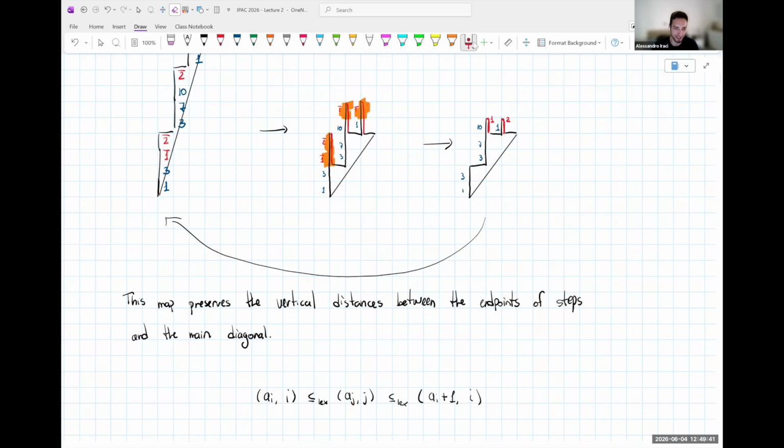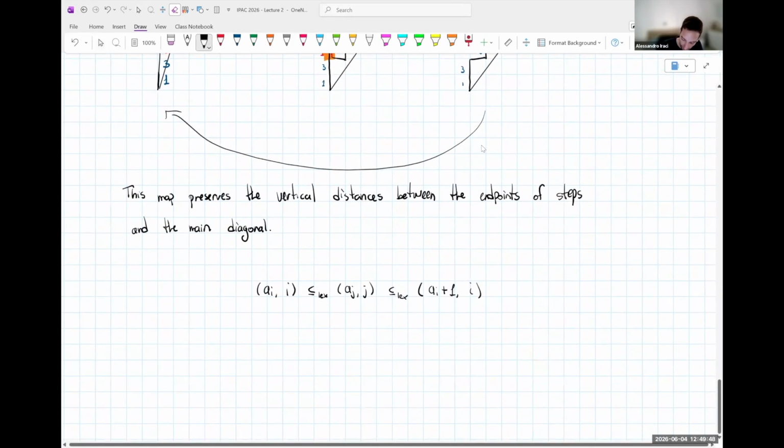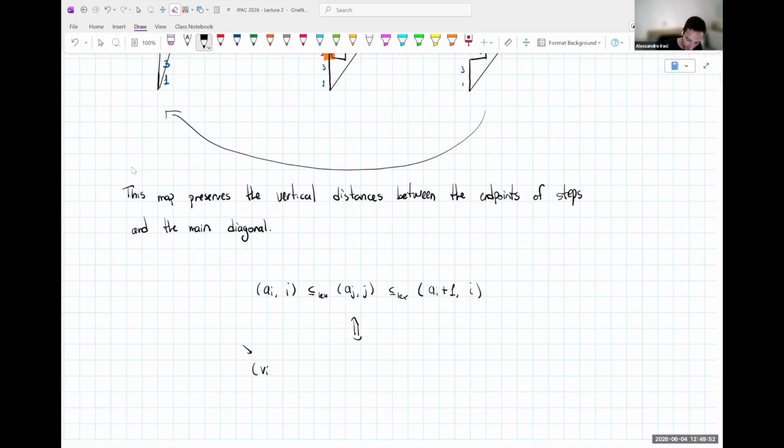Well, of course, the distances are not the same, but this inequality holds if and only if, let me call V_i the vertical distance, V_i less or equal than V_j less or equal.